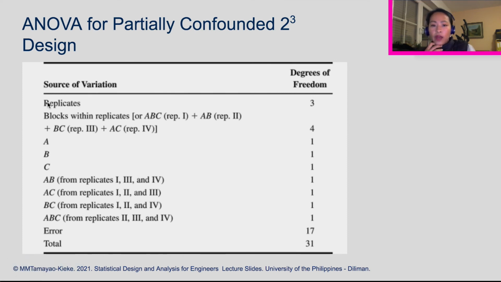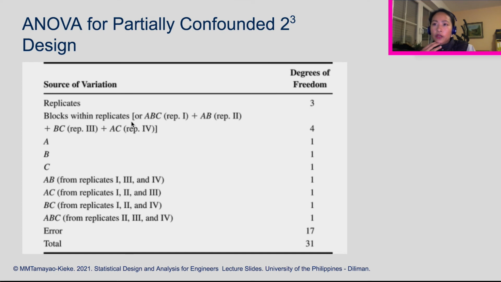Now, we also have to include the replicates as a source of variation, as well as the blocks within the replicates, because we don't have enough resources to run a complete replicate. So we had to block, giving blocks within replicates.